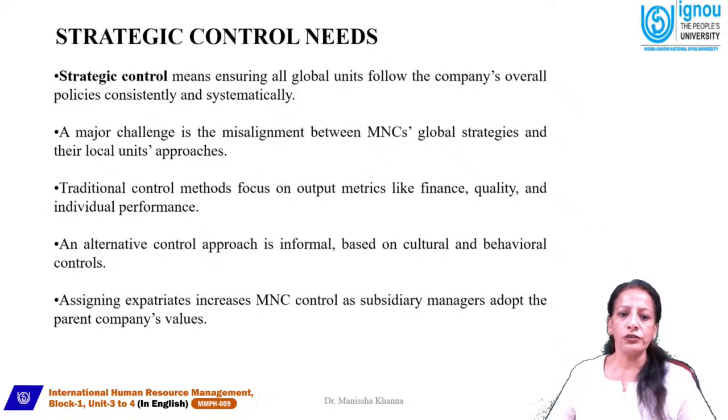Whereas the alternative control approach is informal. It is based on the culture and the behavior of employees. It also depends on the geographical locations. So assigning foreign nationals increases a multinational organization's control over the subsidiary managers and parent company values.